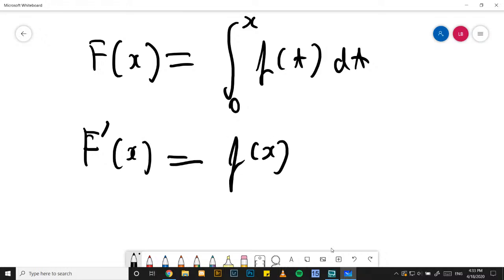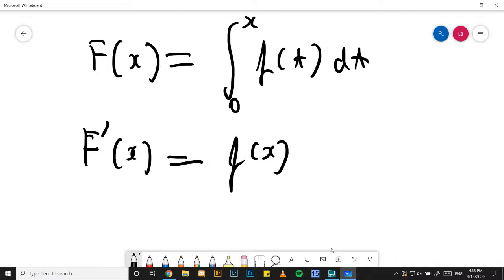So essentially what this is saying, in very complicated terminology, is that if a function is an integral of a function from 0 up to some value x, then the derivative of that function is just the integrated function itself.